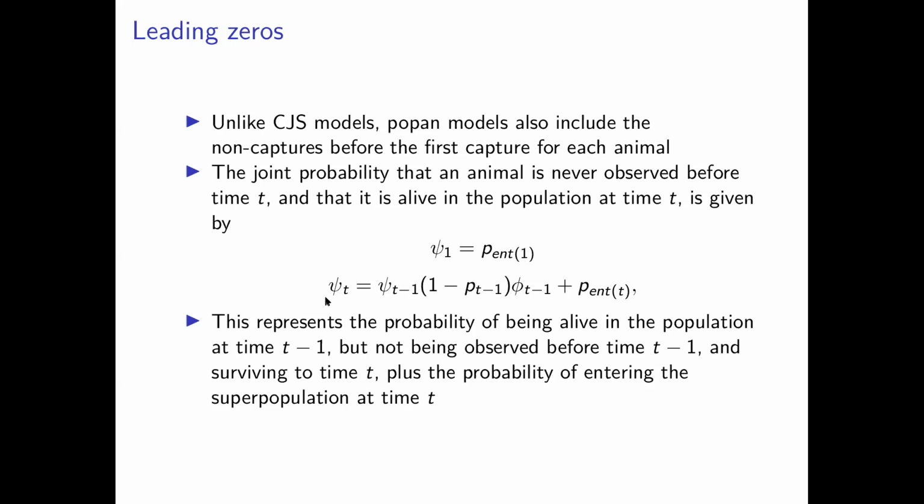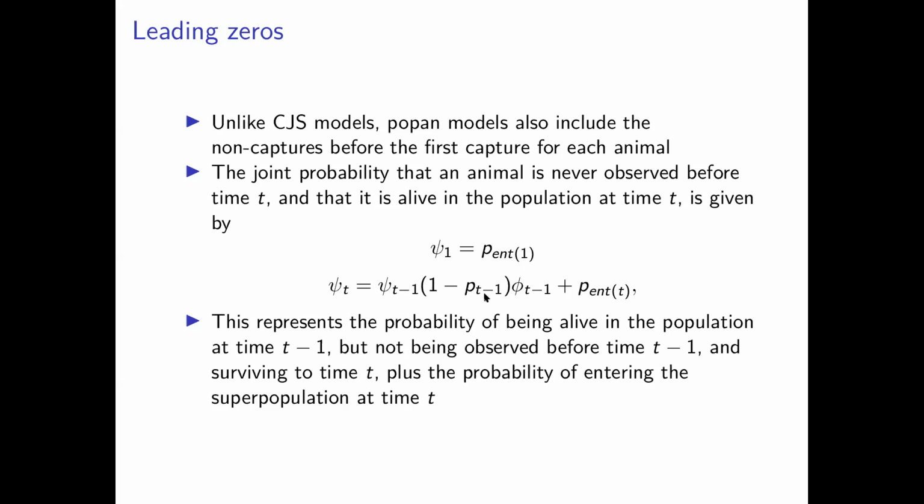And then the recurrence for any survey at time t, psi t is, so now the joint probability that the animal's never observed before time t and that it's alive in the population at time t is the probability that it was never observed before time t minus 1, but was alive in the population at time t minus 1, that it's not observed at time t minus 1, and that it survives from time t minus 1 to time t.